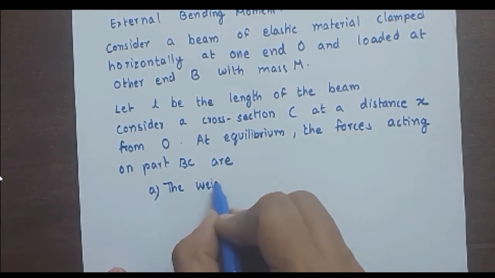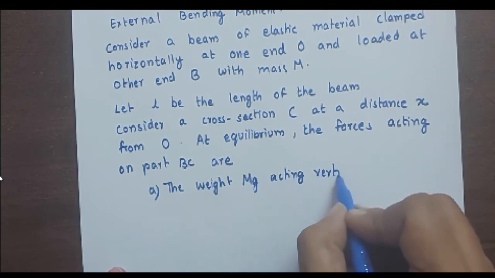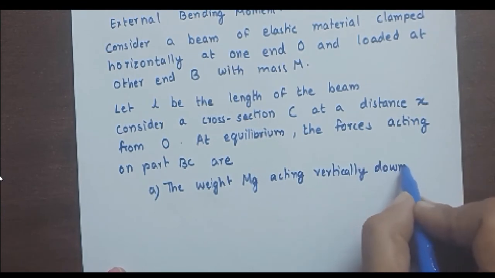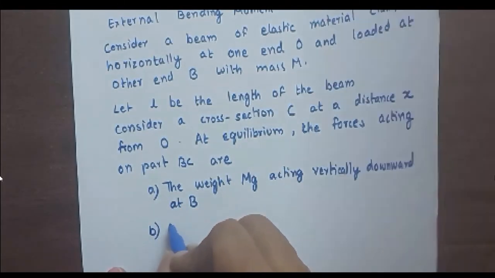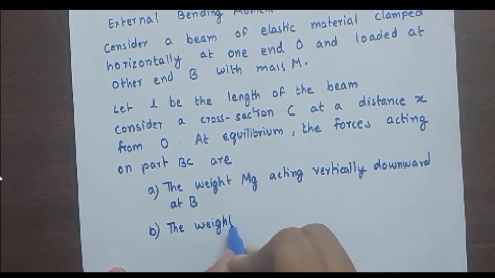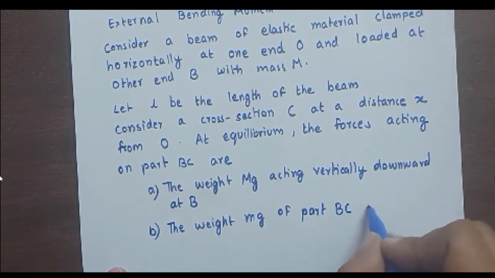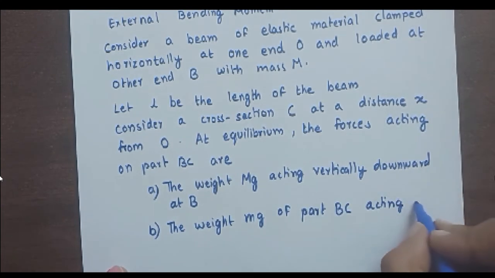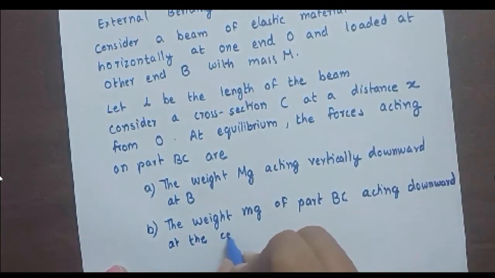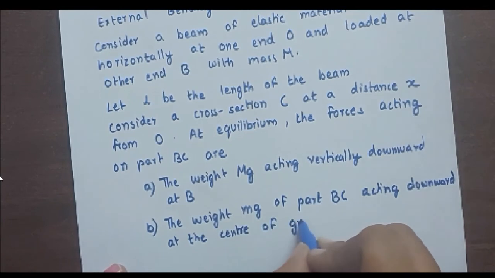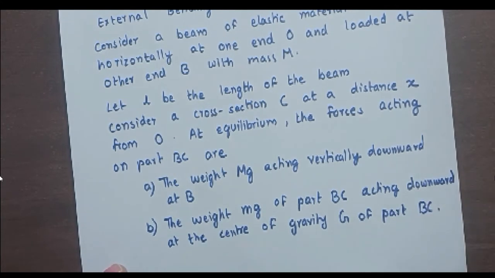The weight Mg acting vertically downward at B, and second, the weight small m into g of part BC of the beam acting downward at the center of gravity G of part BC.